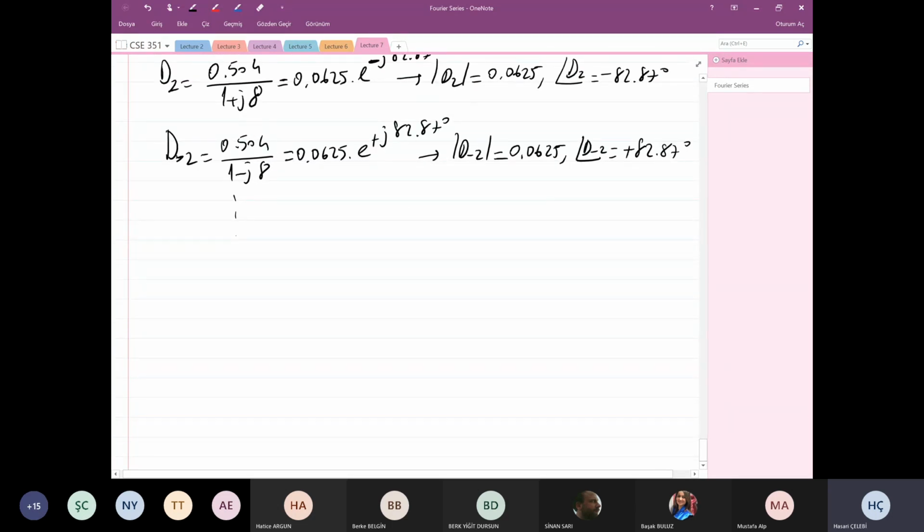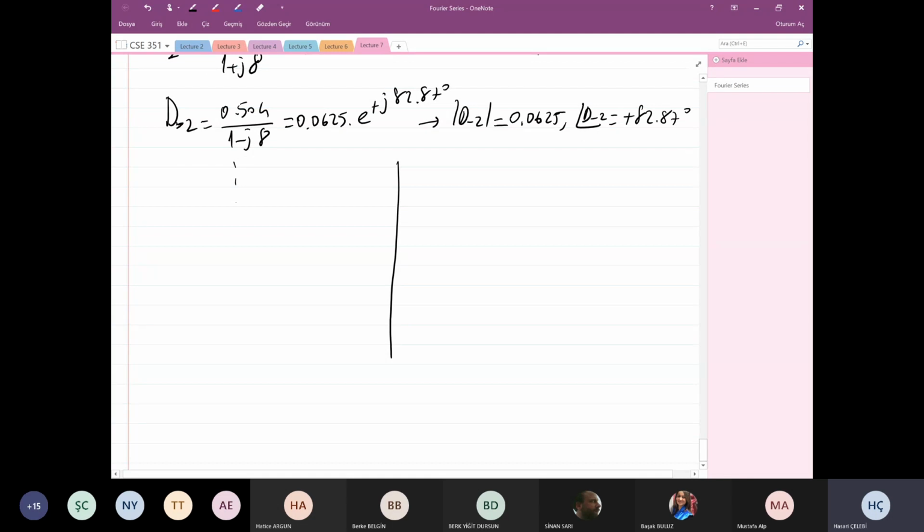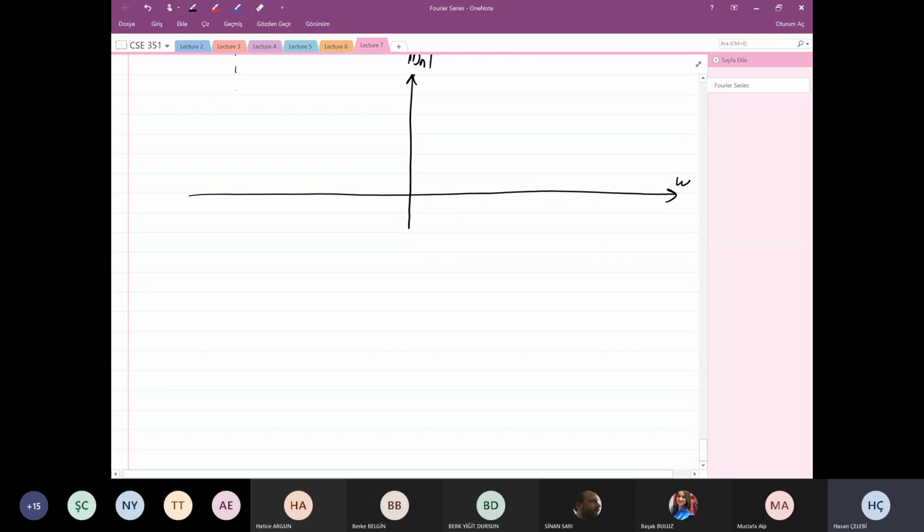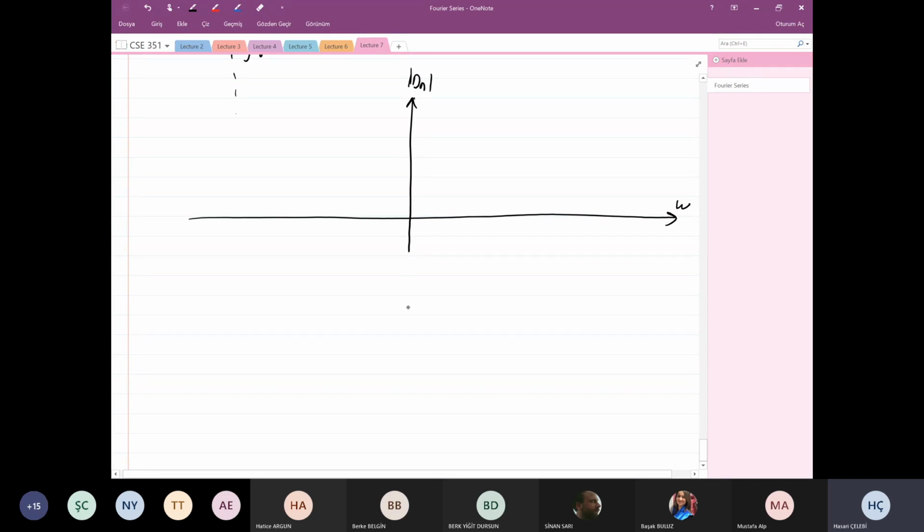Now we are ready to draw the amplitude and phase spectrum. These are the amplitude Dn for different values of n, and this is for the phase spectrum.